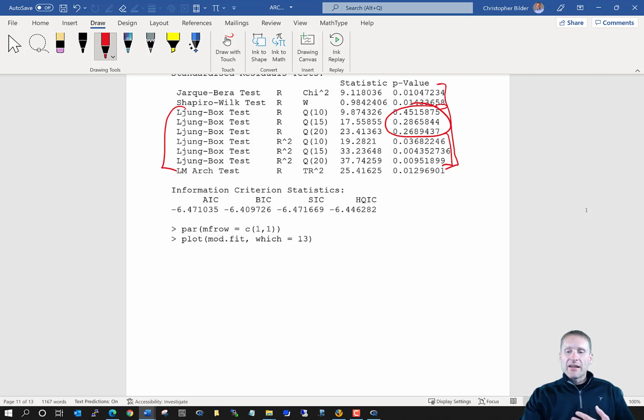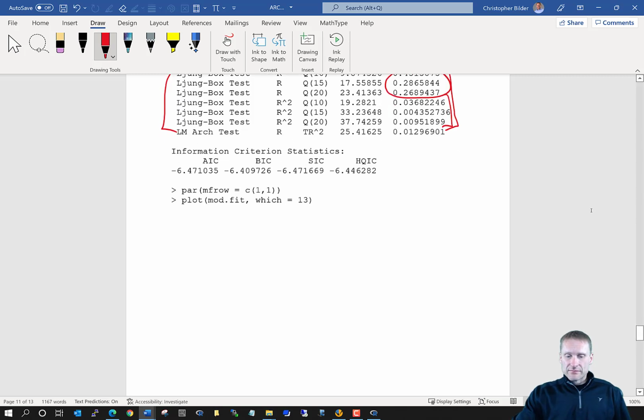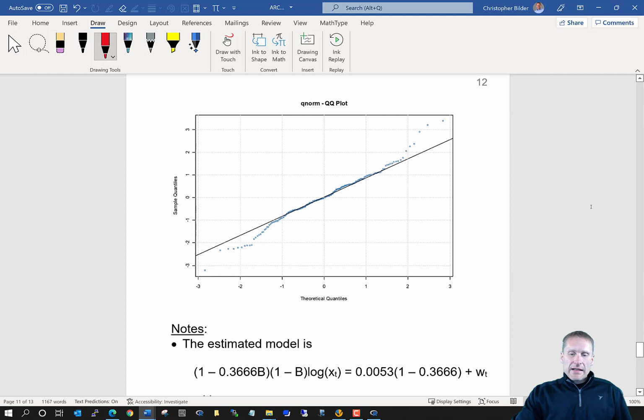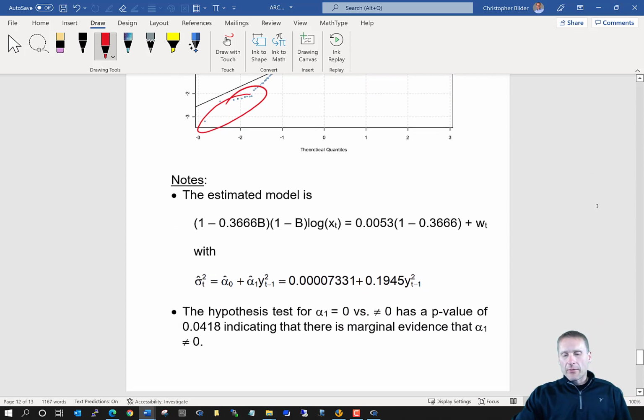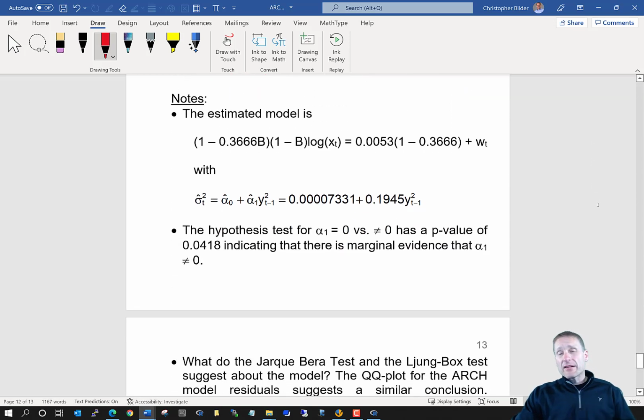Also, the authors indicate there might be some evidence of non-normality, but again, they don't explore it further. Here's then the corresponding QQ plot where we see what would be on the tails of the distribution. We have some evidence against normality. So based upon this output, this is how we can go ahead and specify the corresponding model as well.